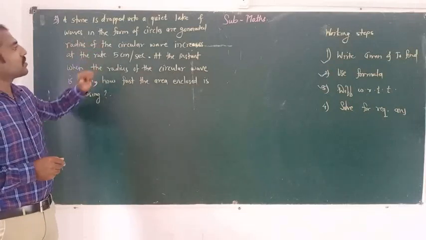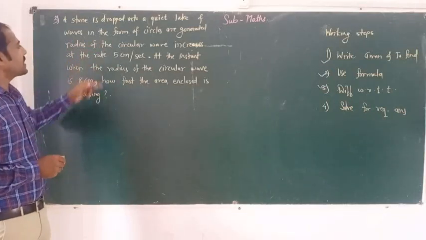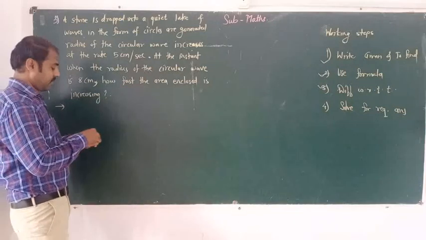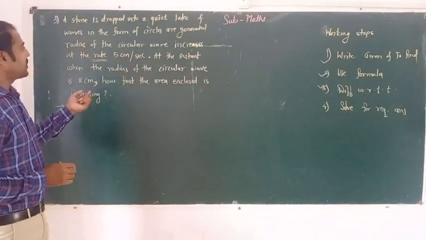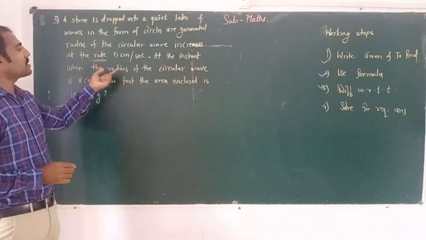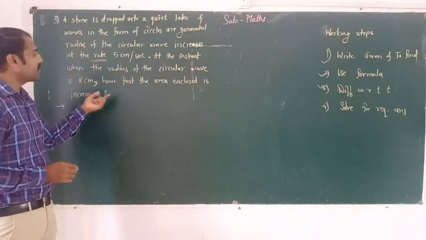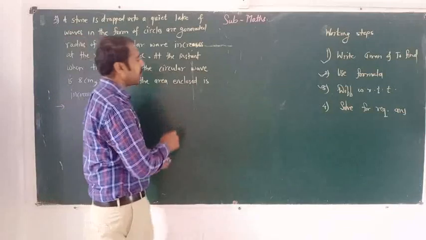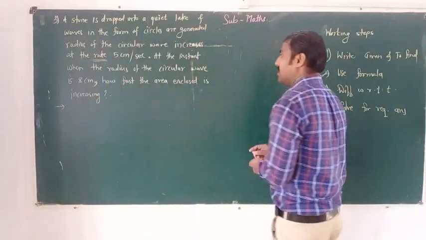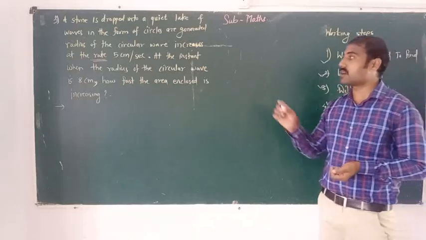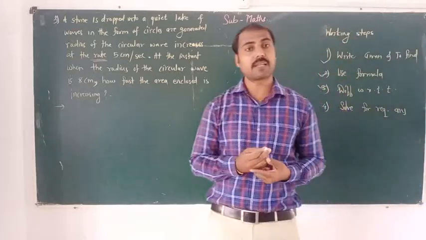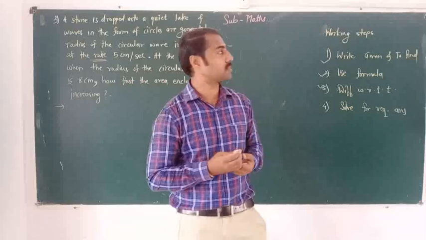The radius of the circular wave increases at the rate, here is the word rate, 5 centimeter per second. At the instant when the radius of the circular wave is 8 centimeter, how fast is the area enclosed increasing? Remember here the word rate is there, so the example is clearly on rate measures.